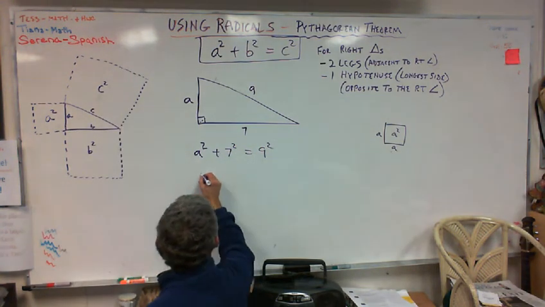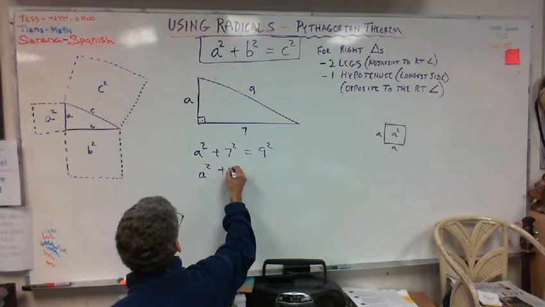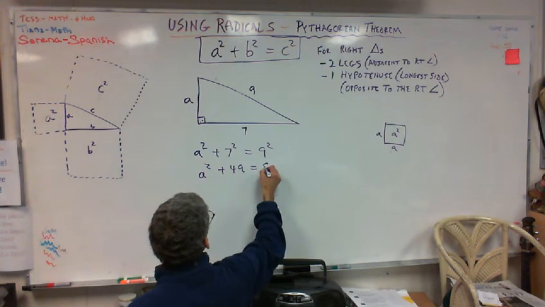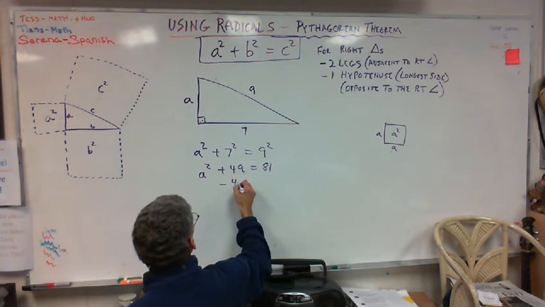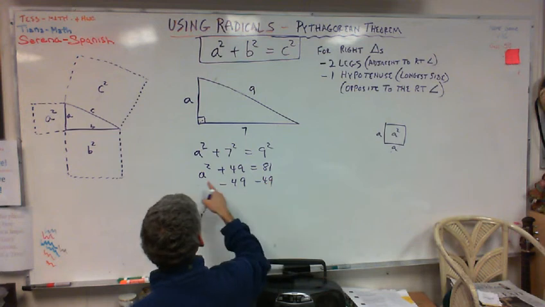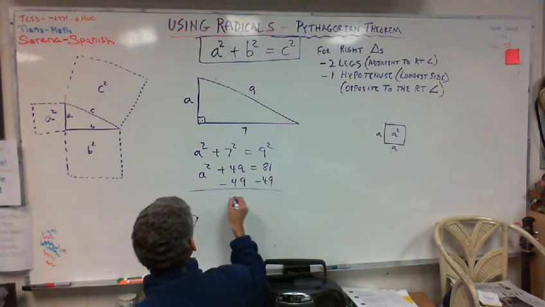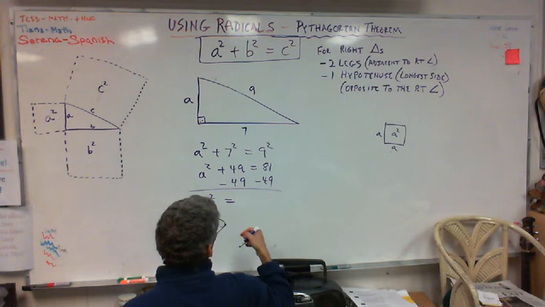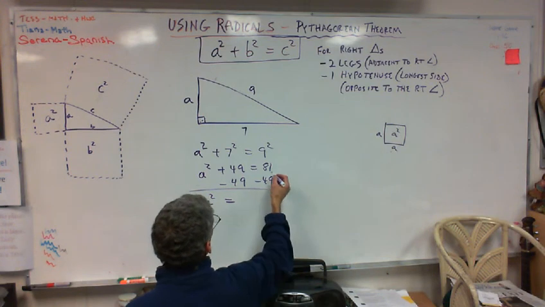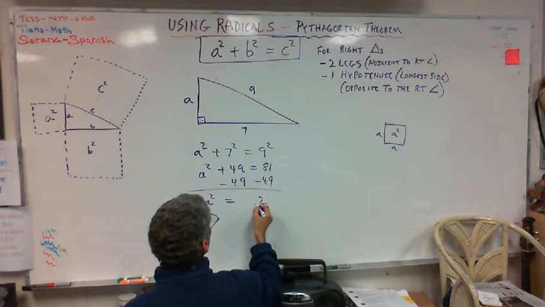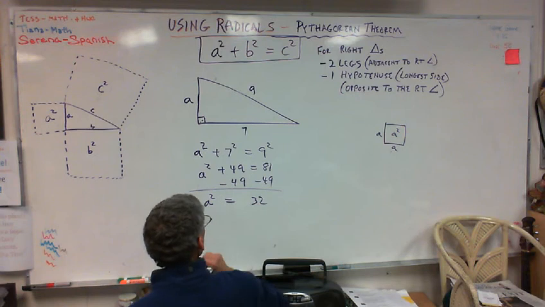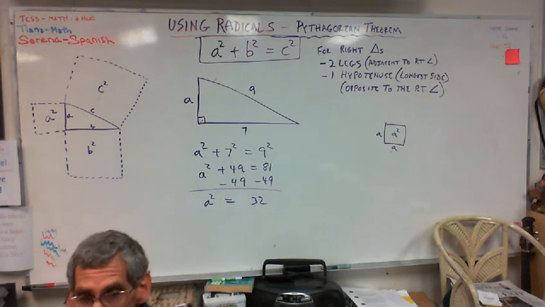So I have a squared plus 49 is equal to 81. So I'm going to subtract 49, because I want my a squared all by itself. Then a squared is equal to 32.